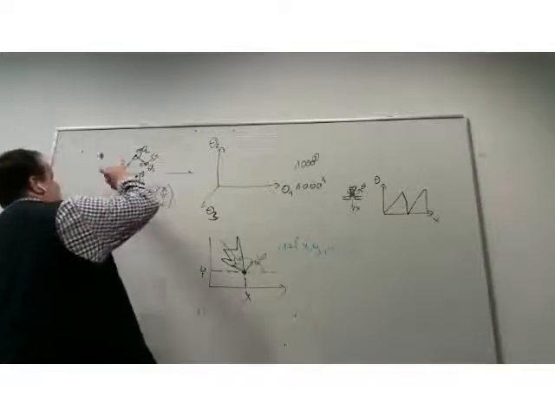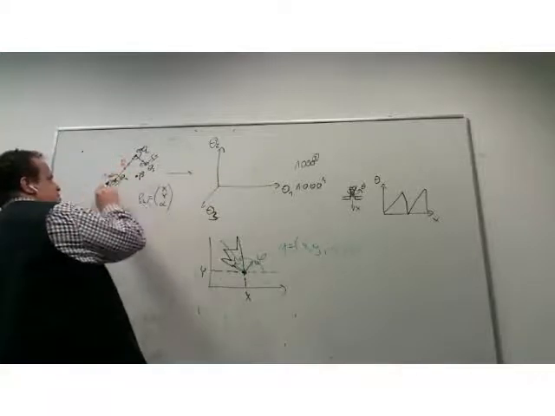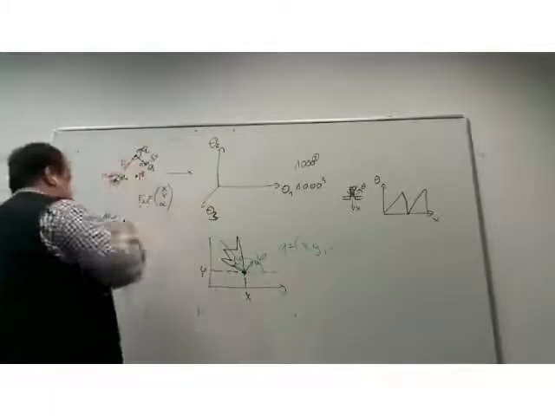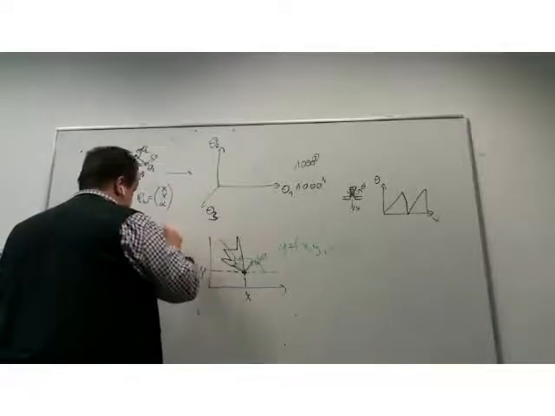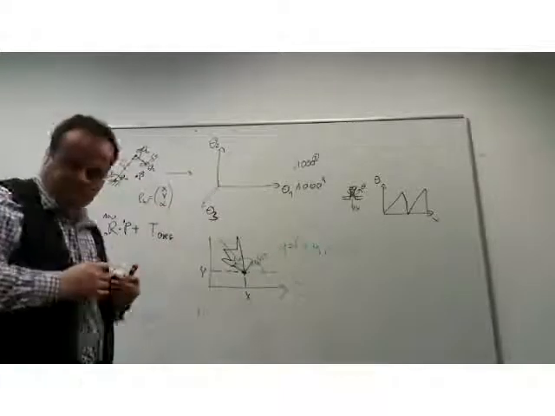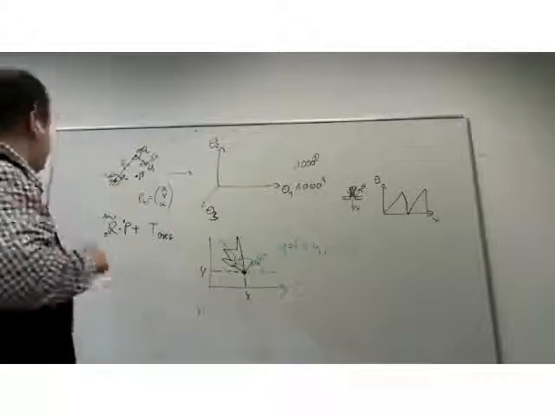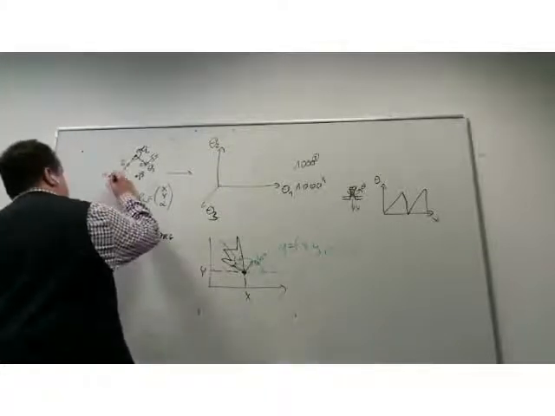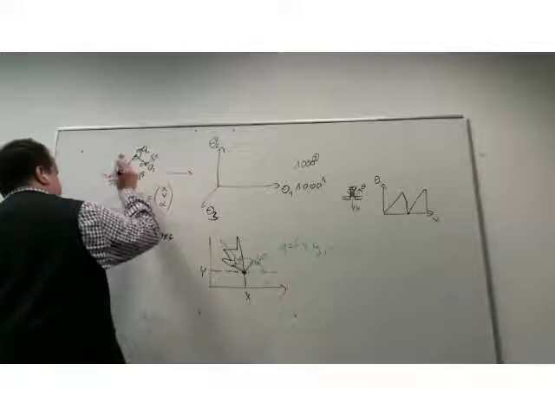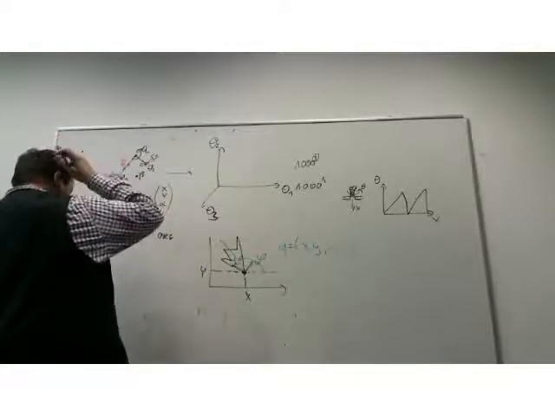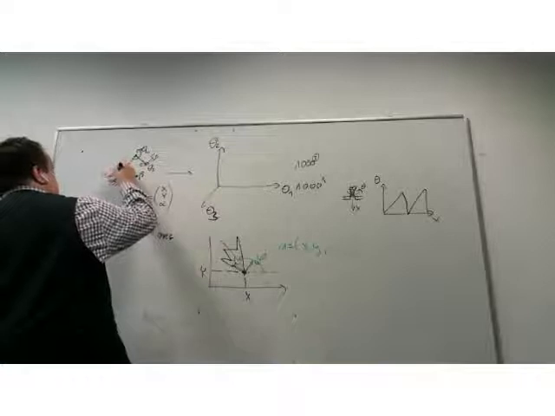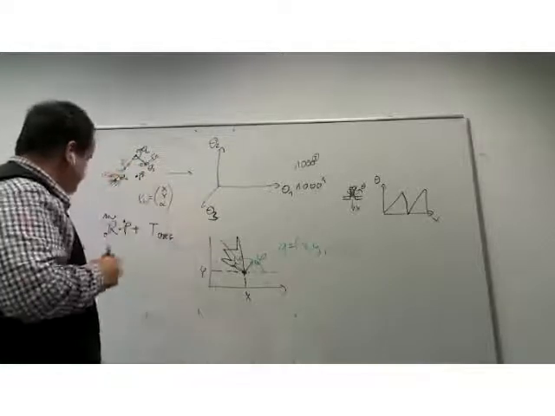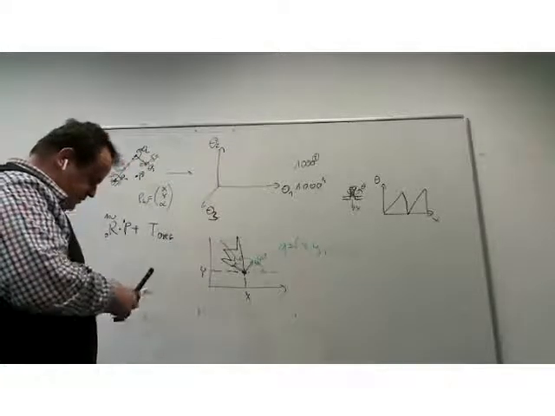So this would be changing from the rotation of this frame to the rotation of the new frame, plus a change in the origin. We see that the origins are also shifted. It's a vector.